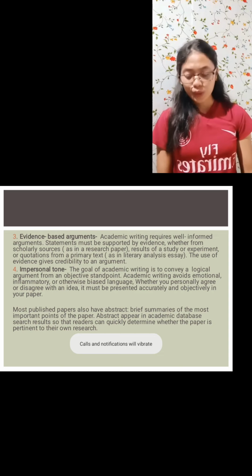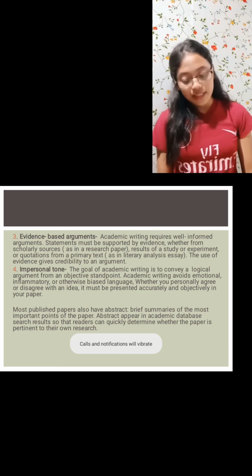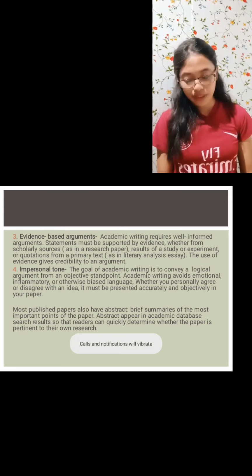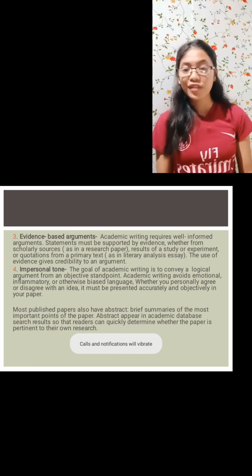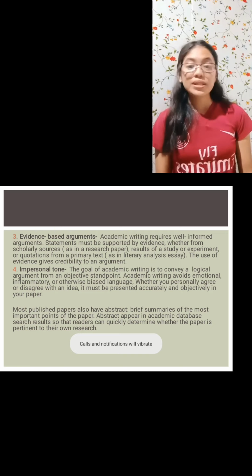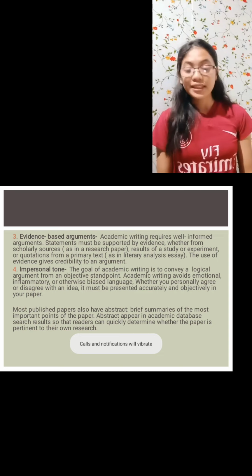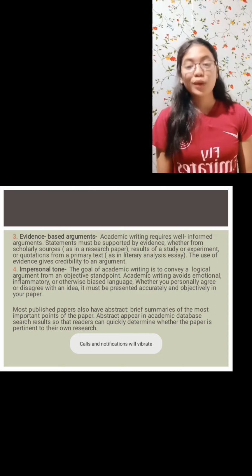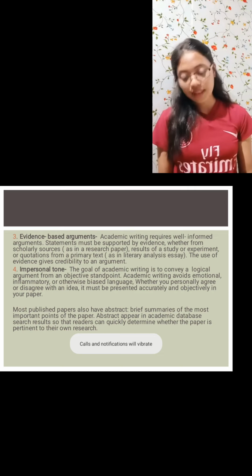Let's avoid using personal pronouns such as I and you, and phrases such as in my opinion. These expressions allow us to achieve an impersonal style and present our arguments and ideas objectively rather than subjectively.